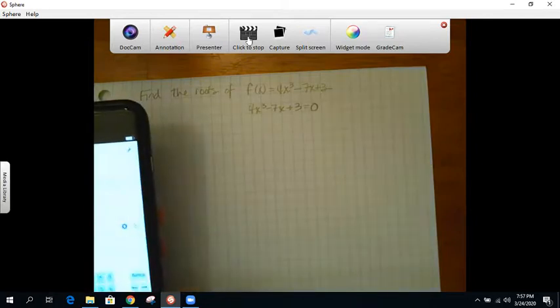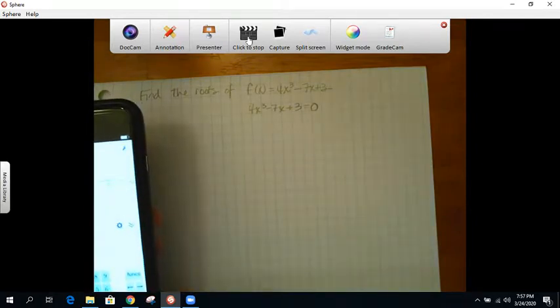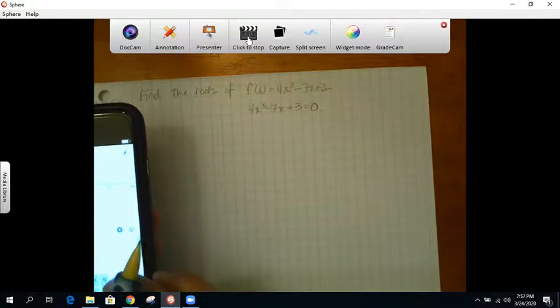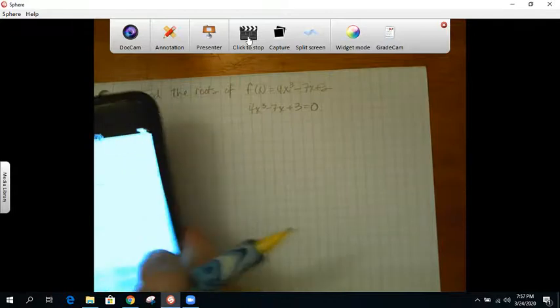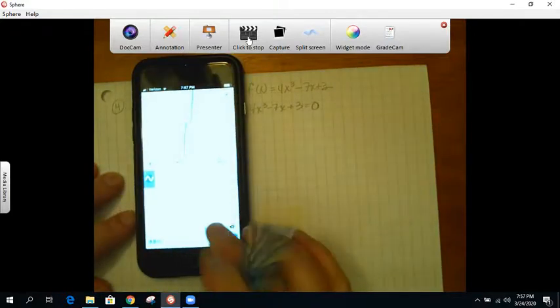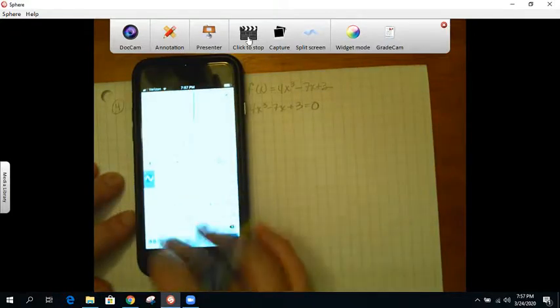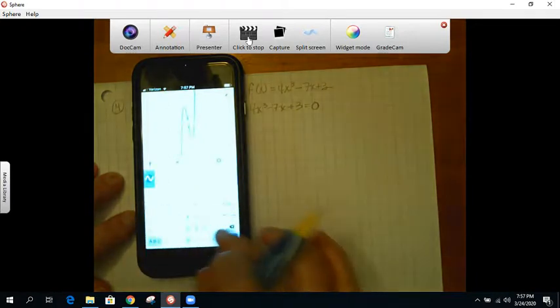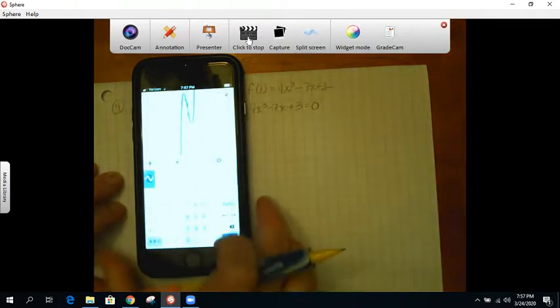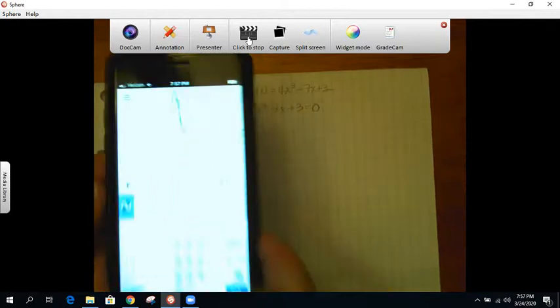Like I said, I forgot to bring my calculator home, so I'm going to go ahead and put this into decimals. I know when I'm first typing this in, there's a terrible glare. I'll move it up. Okay, so there's my graph. You can see it. There you go.